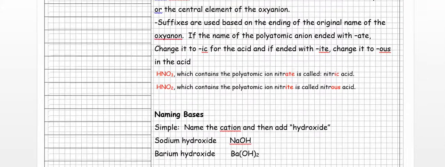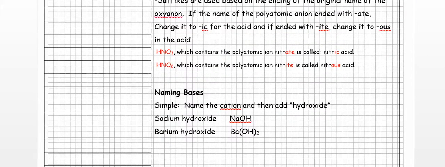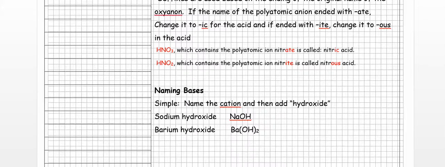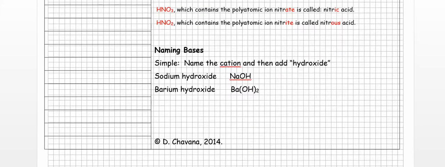So let's take a look at these examples. HNO3, which contains the polyatomic nitrate, is called nitric acid, but HNO2, which contains the polyatomic ion nitrite, becomes nitrous acid, just like that. And we're going to end this with the very simple technique of naming bases.